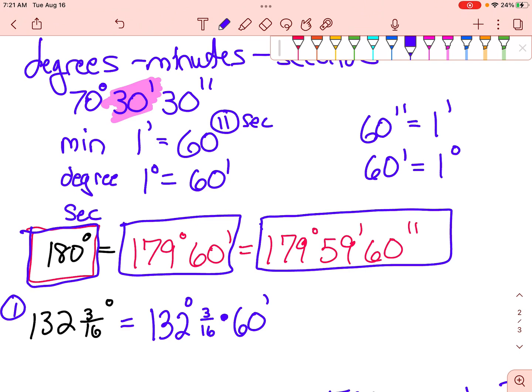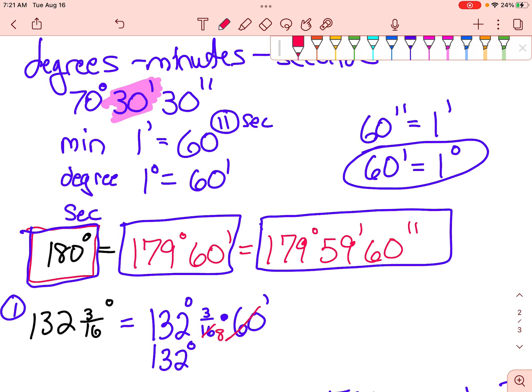So I want 3/16 of, or times, a degree. And if you look up here, 1 degree is 60 minutes. Okay, so this turns into 132 degrees, and then you can do your math. If you have your calculator, you can multiply 3 times 60 and then divide it by that 16. Or you can just go ahead and cancel these.